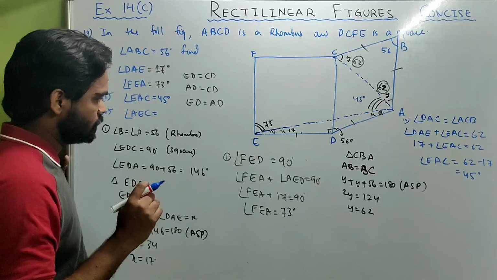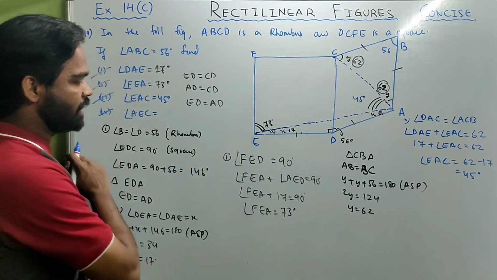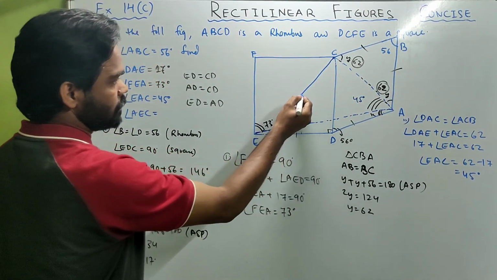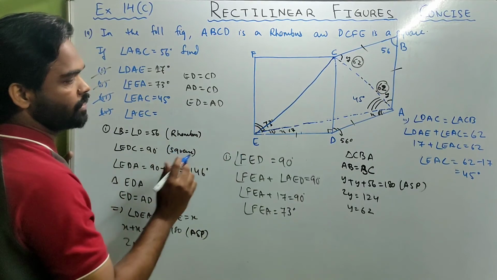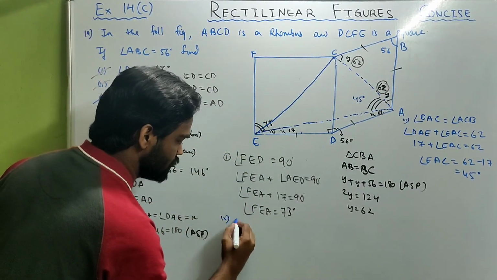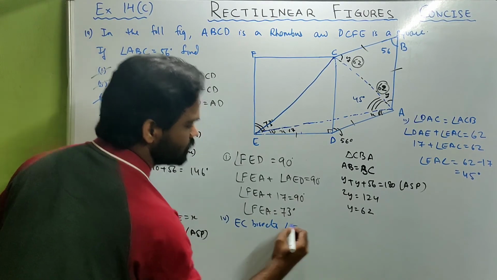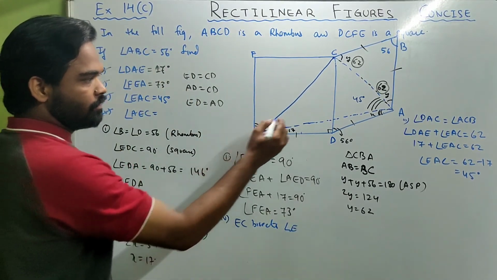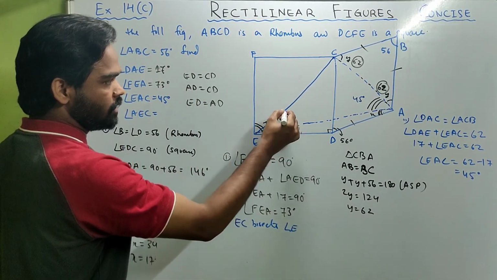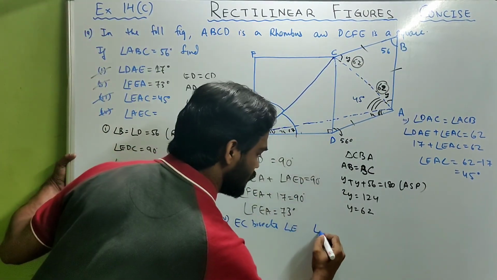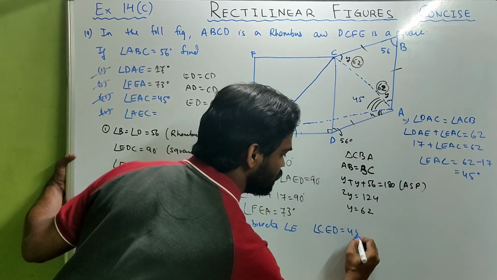Now the last part, they're asking angle AEC. So we'll join EC. Now EC, just look over here. EC bisects angle E. Now angle E is 90, which means this angle and this angle will be 45 degrees each, which means angle CED will be 45 degrees.